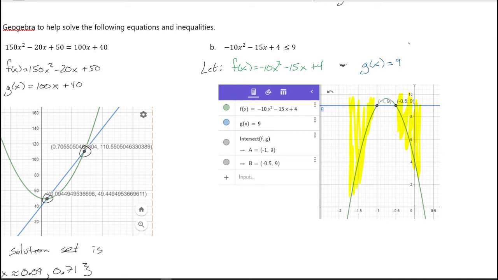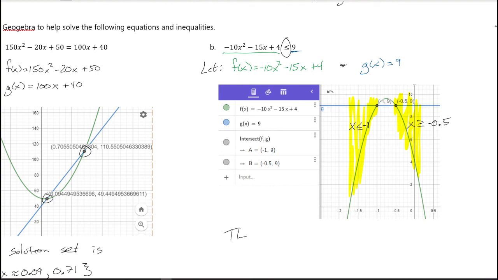I had to pause the video and fix that. It was bothering me. Okay, so we wanted the green line underneath the blue line. I made f of x green and g of x blue there. And so since the inequality calls for the green line to be less than or equal to the blue line, we want to look at where we have this yellow highlighted here, where the x values are less than or equal to -1, because the inequality does allow for them to be equal to each other, or where x is greater than or equal to -0.5.